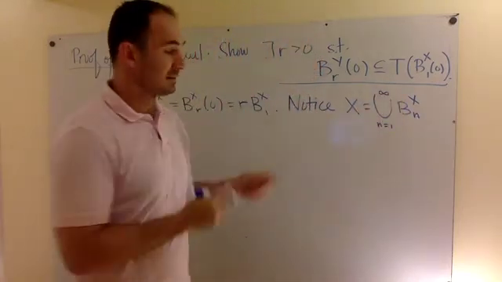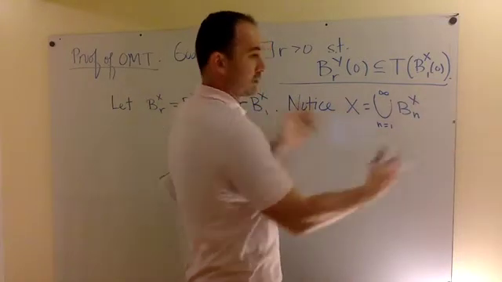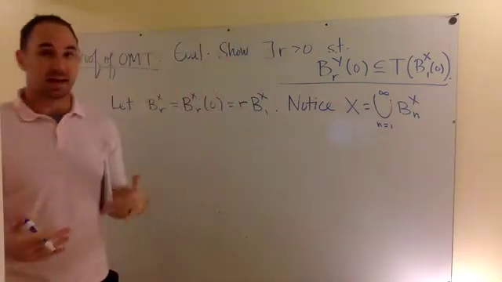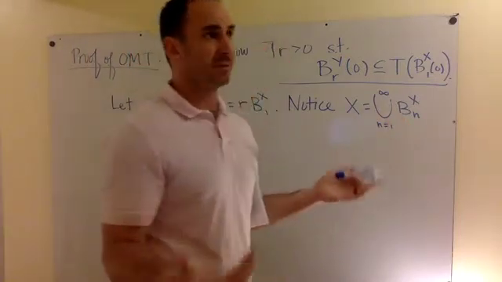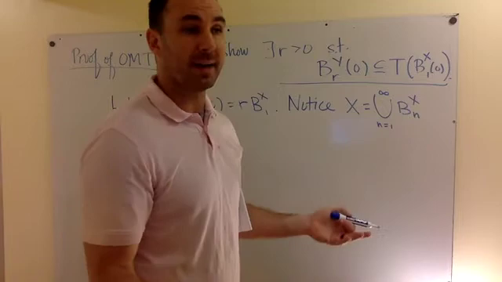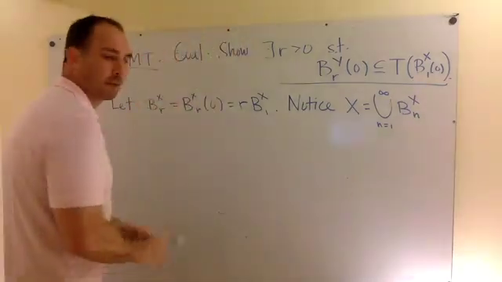Basically what this says is, if I take a set of expanding balls at the origin, every point in X is in one of these things. Which just means if you're in X, your norm is finite, and so there's some n bigger than your norm. That's all that means.